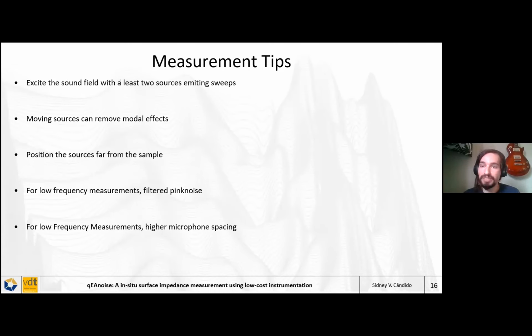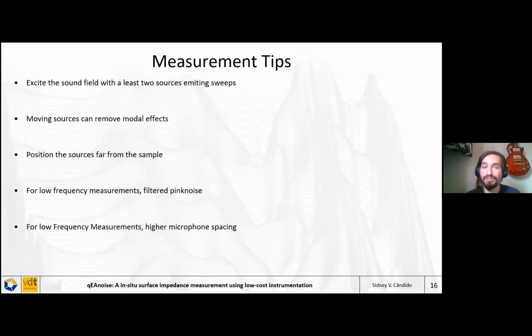And some measurement tips: what I could achieve to improve my measurements was to excite the sound field with at least two sources emitting sweeps. The sweeps were the best. I put a sweep looping in 6 seconds, so I measured about 5 sweeps.